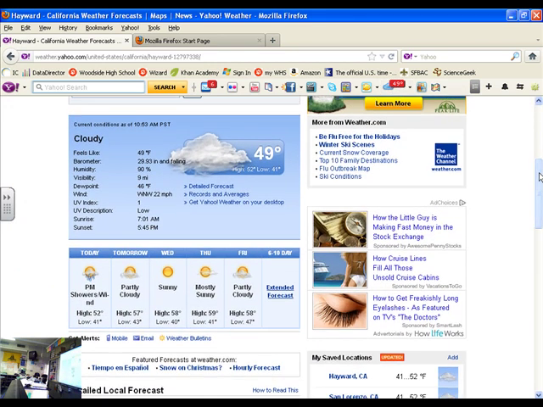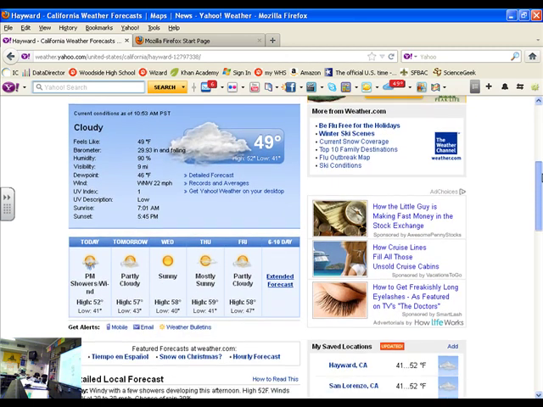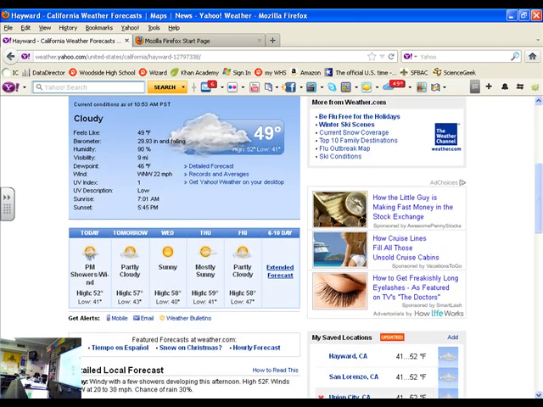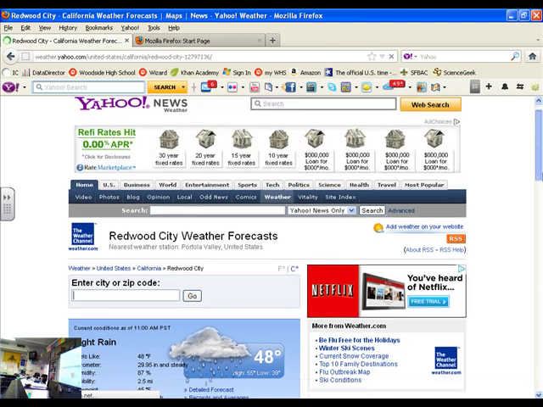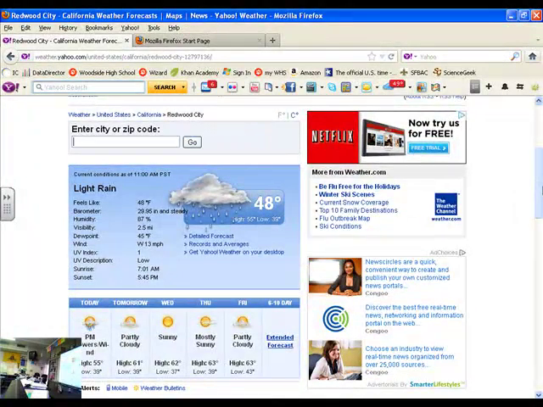So notice today, this is Redwood City, I think. That's what it says. That's Hayward, that's across the bay. Let's call it Redwood City. Notice our humidity right now is 87%. Notice when it's raining does not make it 100% humidity. All right? 87%.